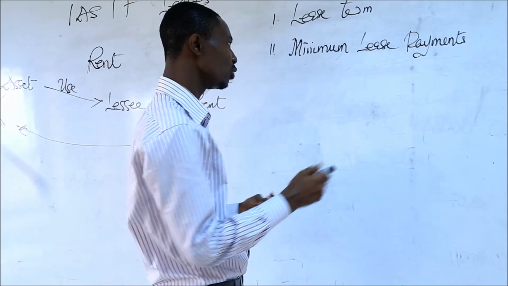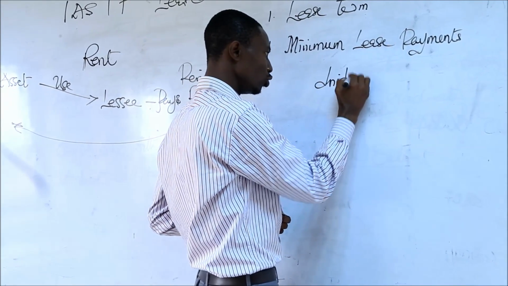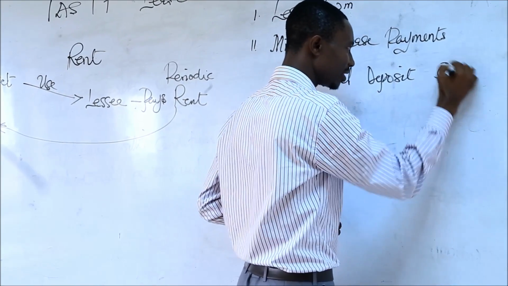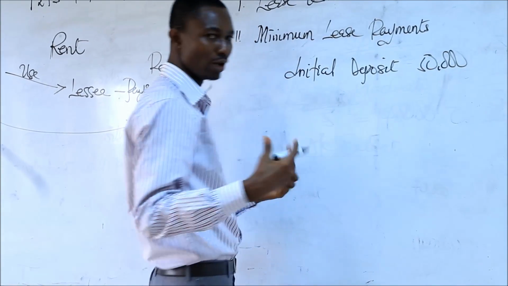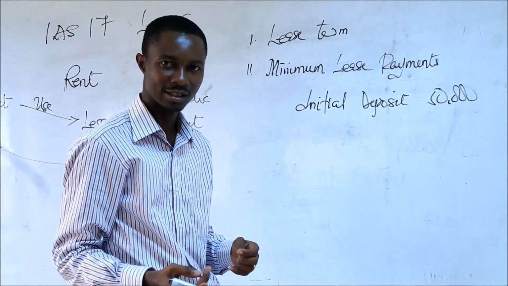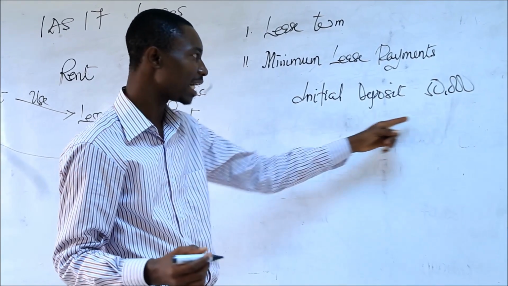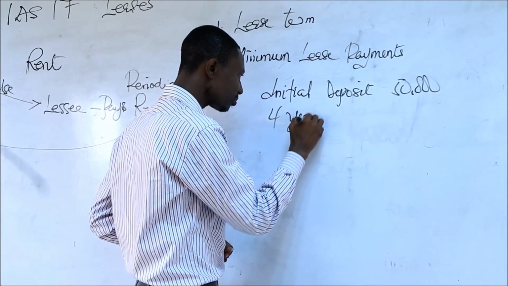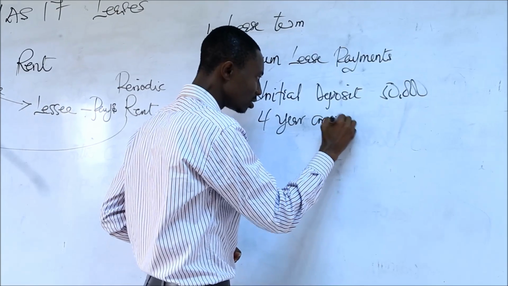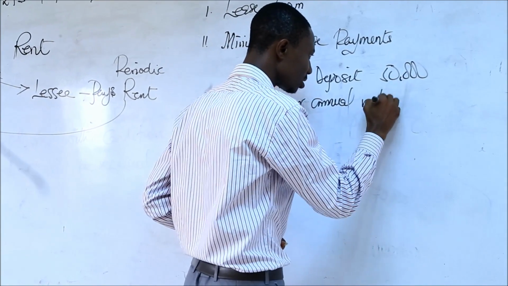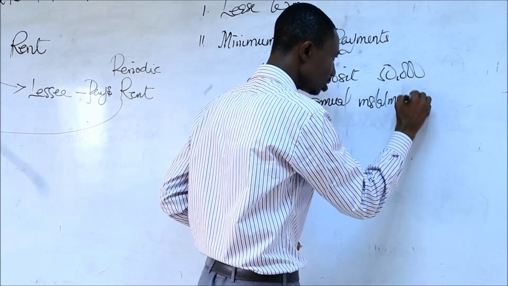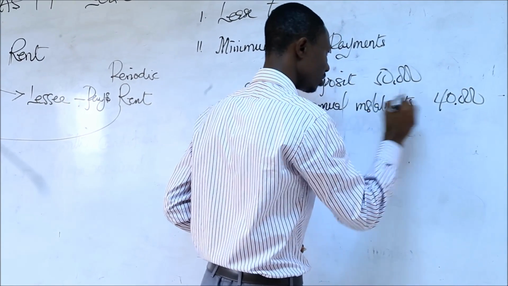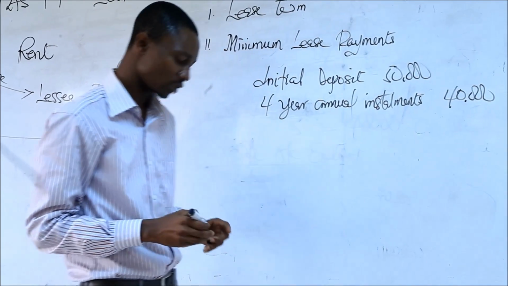Assuming that we have a lease which has an initial deposit, so you make an initial deposit of, let's say, 50,000, right? Maybe you are acquiring a plant on a lease basis. So you make an initial deposit of 50,000, followed by 4-year annual installments of, let's say, 40,000, right? Annual installments of 40,000.